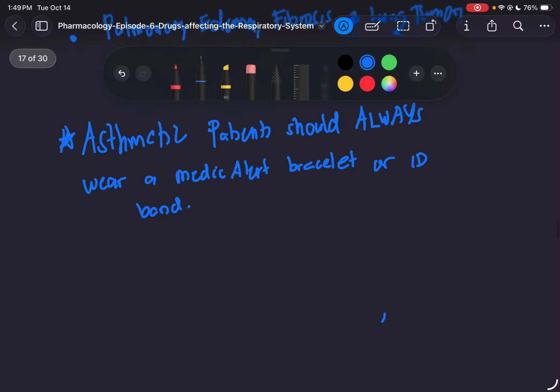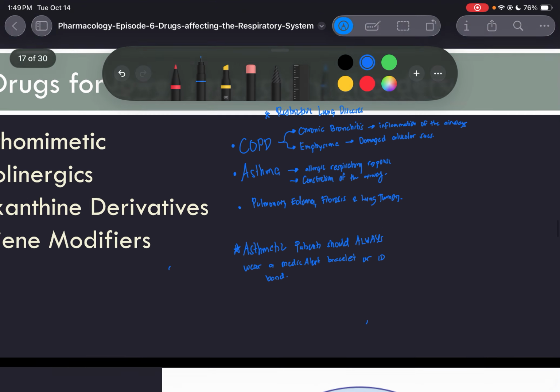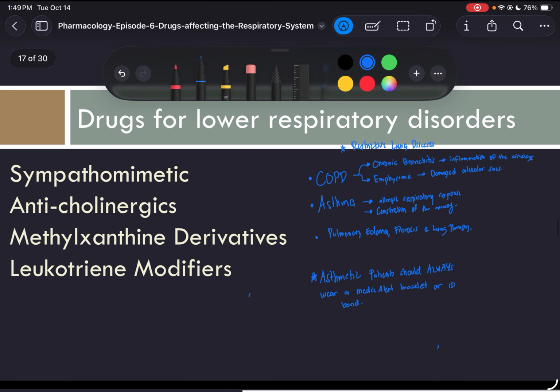The reason why is because in case of a sudden asthma attack, we can intervene, because we now know their identity and we now know what to do. We now know that it is asthma. So these are the drugs typically used for specifically asthma and COPD.